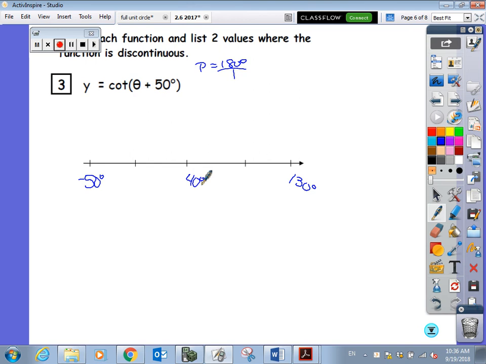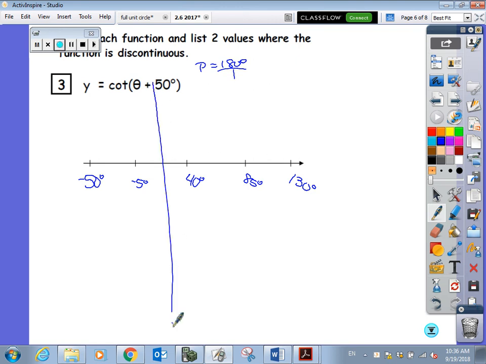Negative 10 divided by 2, negative 5. 170 divided by 2, 85. Or we could have done 180 divided by 4 and got 45, and then just added 45 each time because there's 4 equal sections.